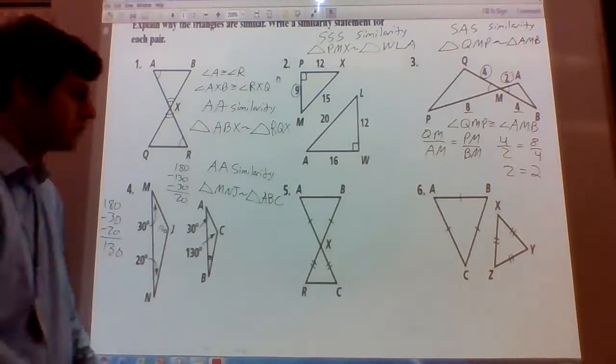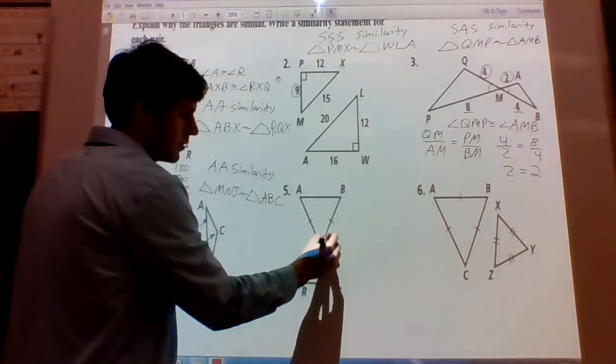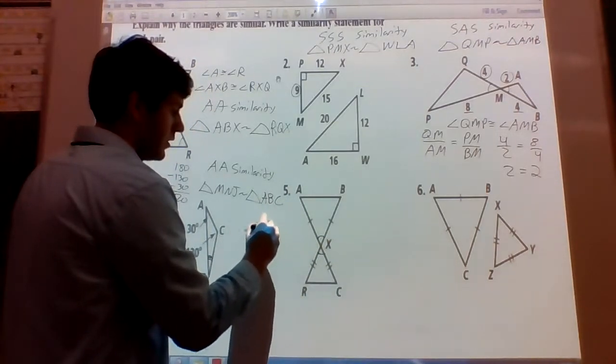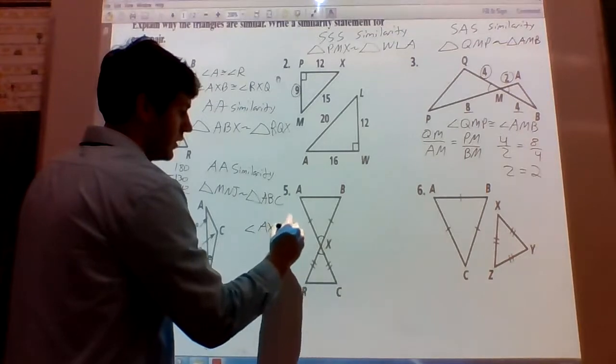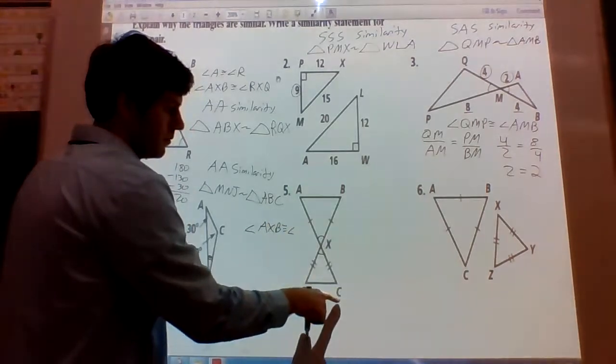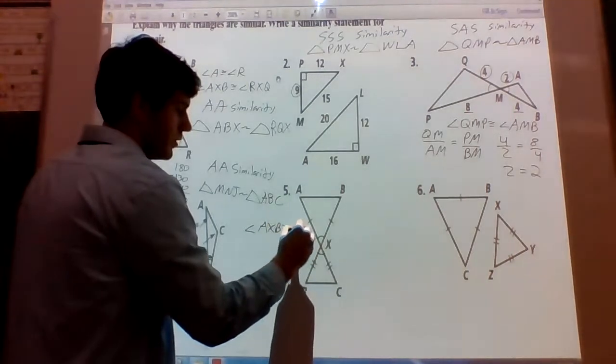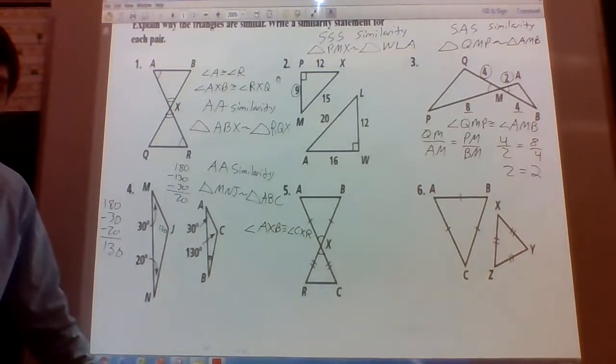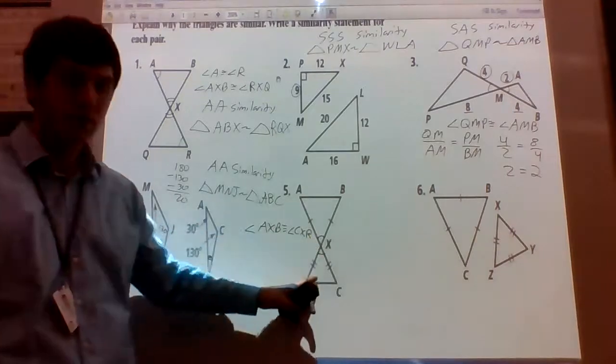Okay. Number 5. Okay, we have vertical angles, so we know angle AXB is congruent to angle CXR. Okay, vertical angles.